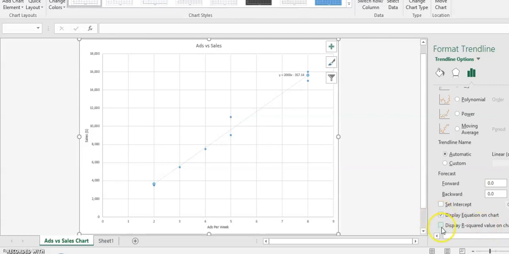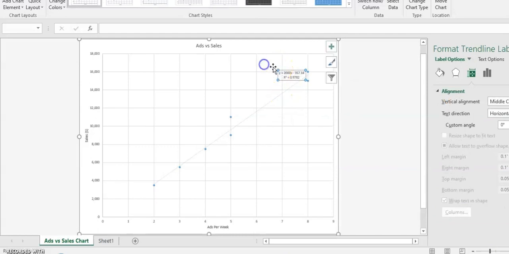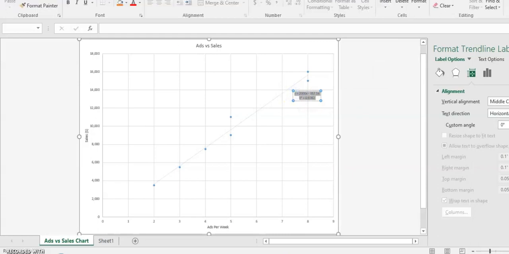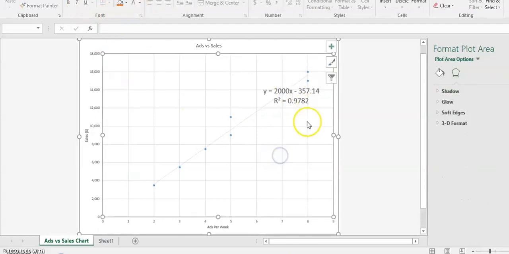So here's the equation, and here's the r squared, our coefficient of determination. And let me make that a little bit bigger. My computer's not cooperating today, as you can see. I'm going to make these a little bit bigger. There we go. And let's make those larger so we can see what they are. Actually, let's make it really big here. There we go. So here's the equation, as was mentioned, to 2 decimal places. And here is r squared, our coefficient of determination.